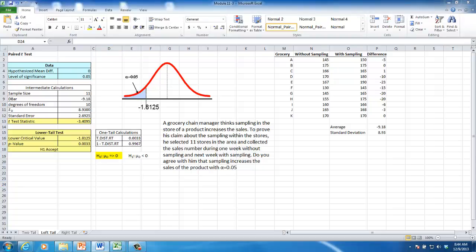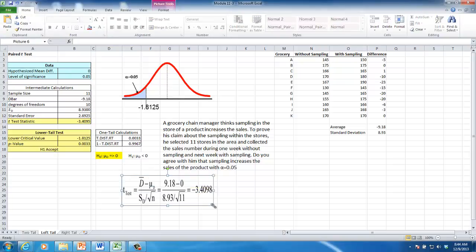There's a different formula for the test value. Let me put this formula. This time, the formula is a little different. In order to find the test value, we need to take d bar, already known.